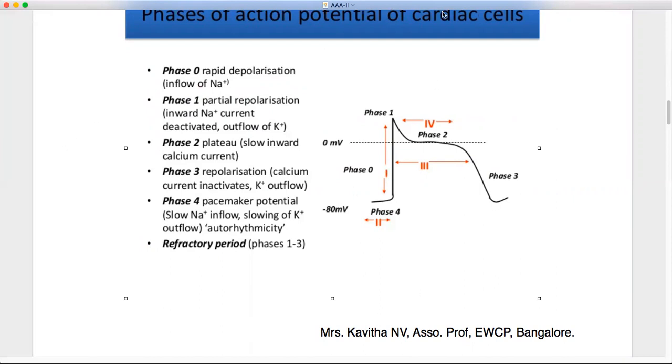The action potential will look something like this. When the sodium channel is bound, the negativity is more. There is no immediate positivity, so it will go something like this. The negativity is more, and then the plateau phase will be there, and then it broadens.